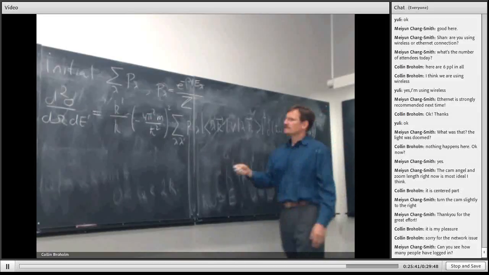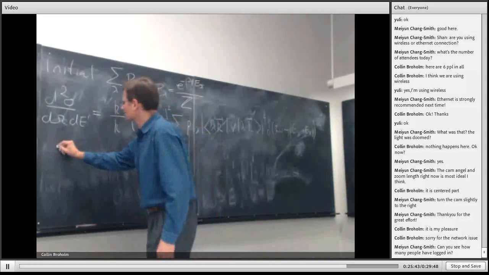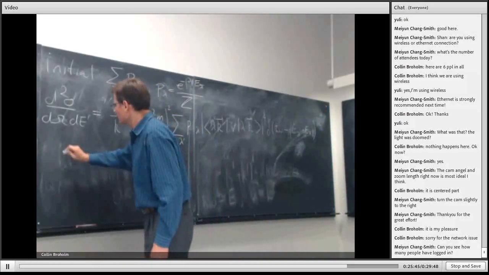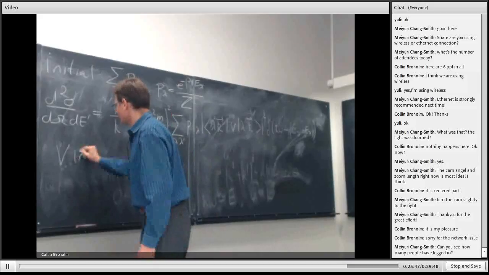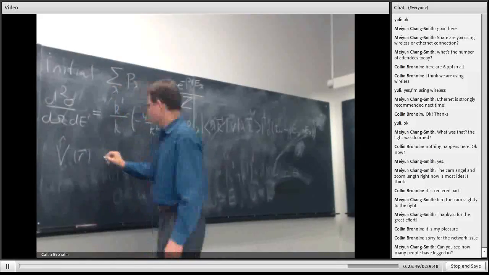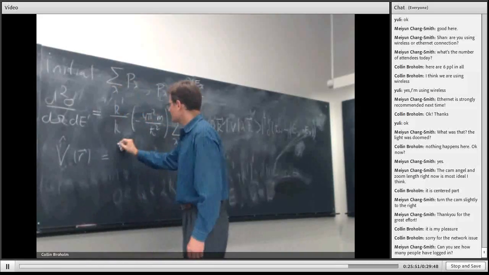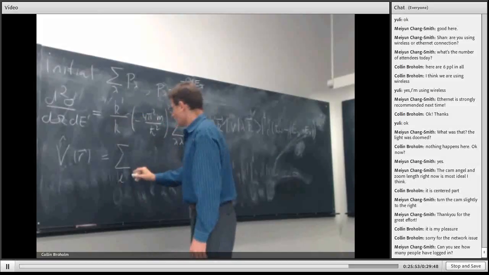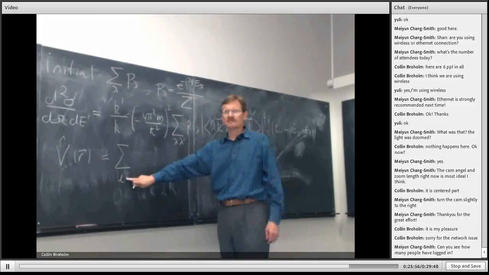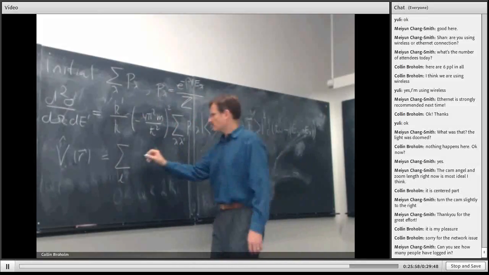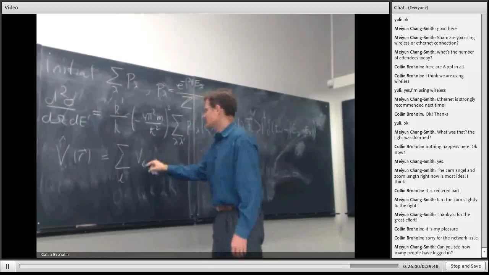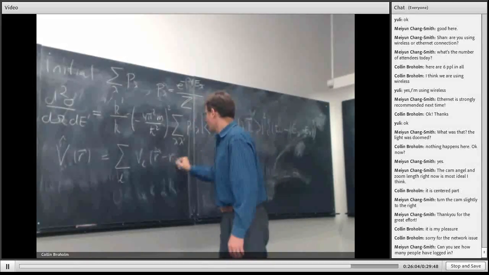All I need to do is consider the case where the overall interaction potential, V of R, is a sum over a number of sites which have identical interaction potentials, labeled by L and depending on R minus R_L.